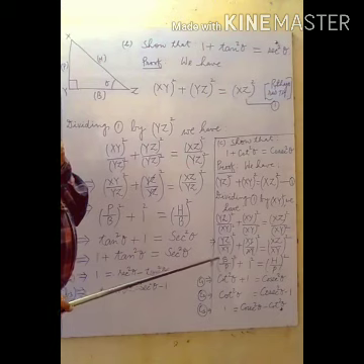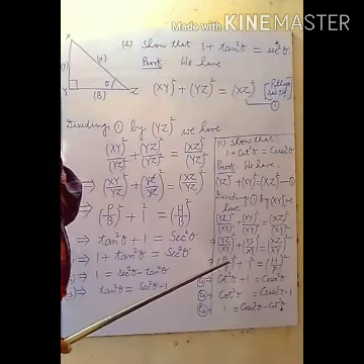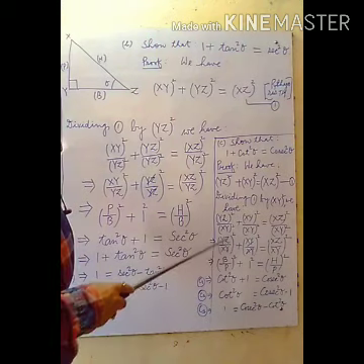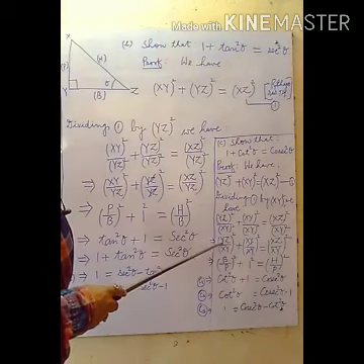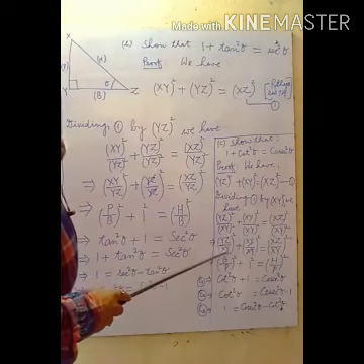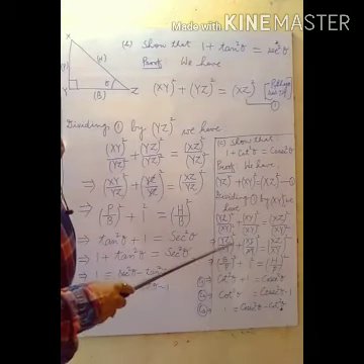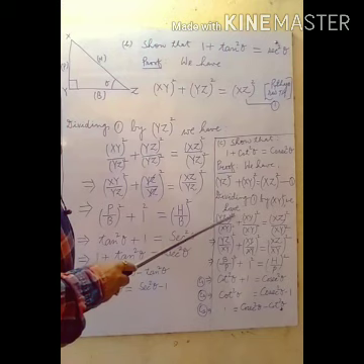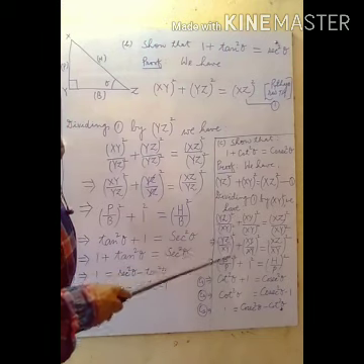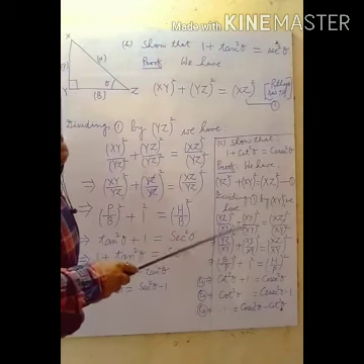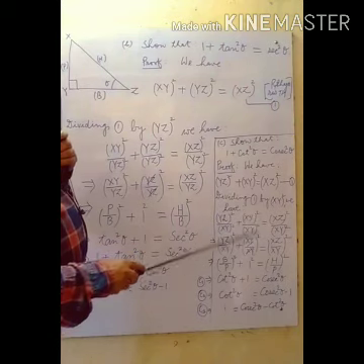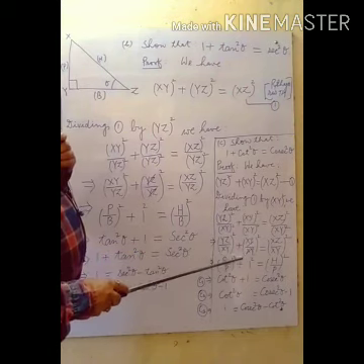Means the bracket will be common and the power will also be common. So what will be there? Common bracket, and this will become xz upon xy whole to the power 2, so power 2 is common and the bracket is also common. Here also we can apply common power 2 and a single common bracket.